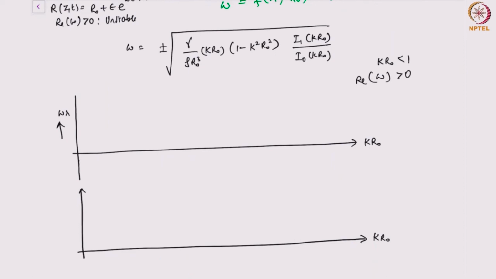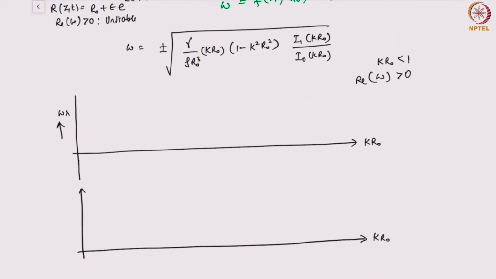You have two roots, one positive and negative. The negative root actually does not have a lot of physical meaning, but I will not go into those details. It's enough for us to know that we have a positive growth rate, which means that the flow is unstable.